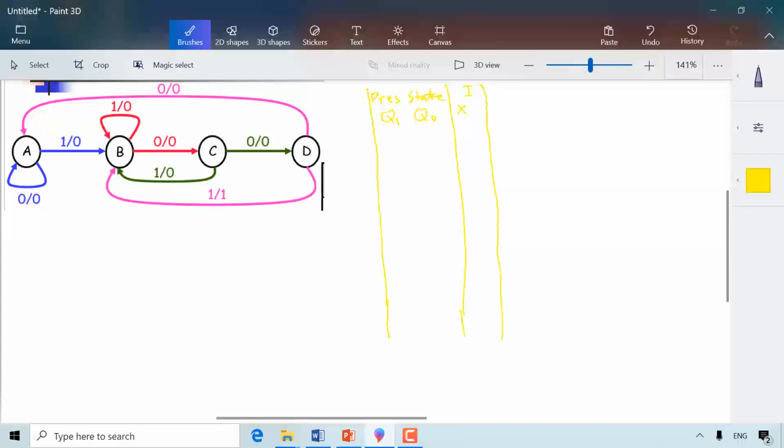Then next state, which is for Q1 and Q0. And then my output, which is Z.